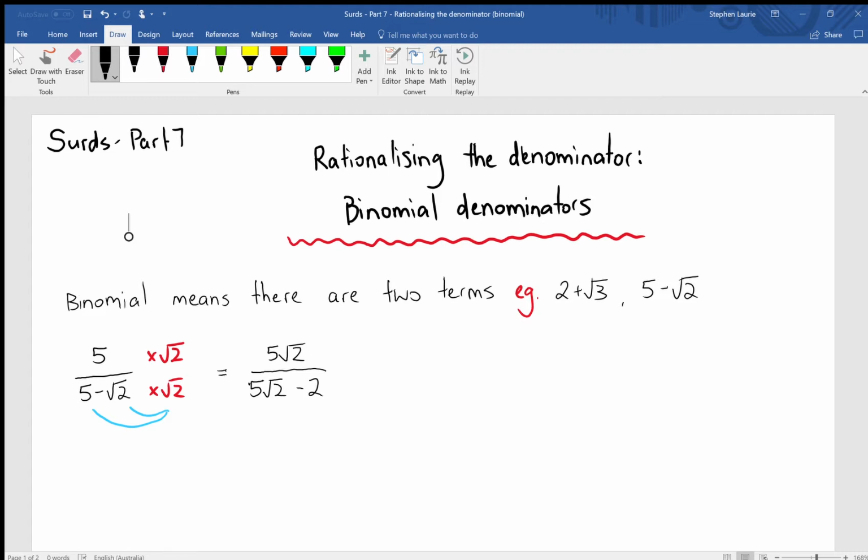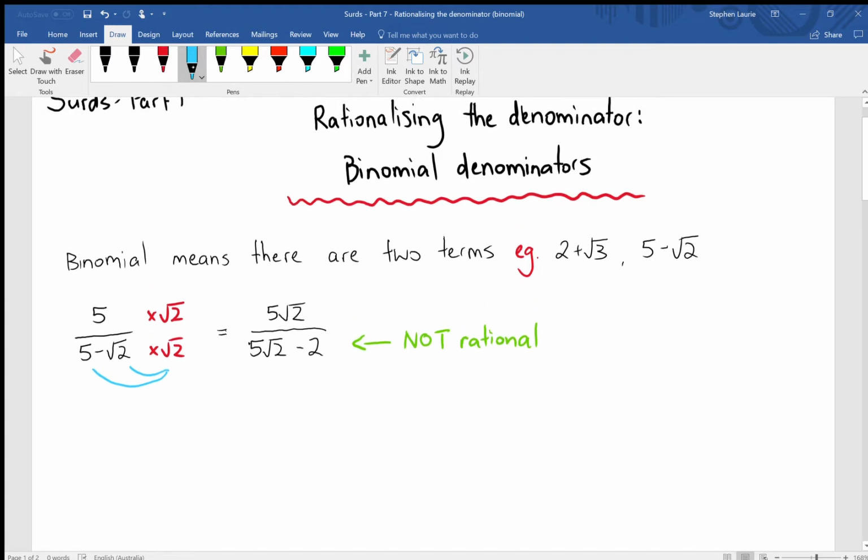Right, this doesn't actually look that helpful, because when we look at the denominator here, it is not rational. And after all, we're trying to rationalise the denominator, so this obviously hasn't worked for us. So what are we going to do?